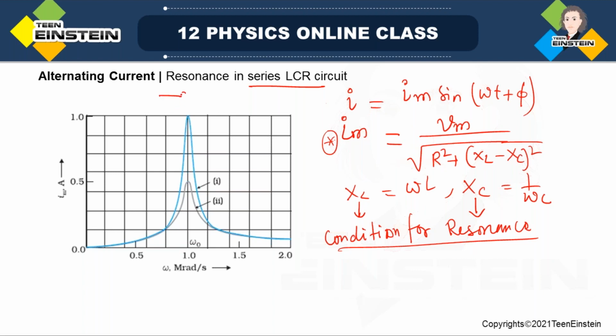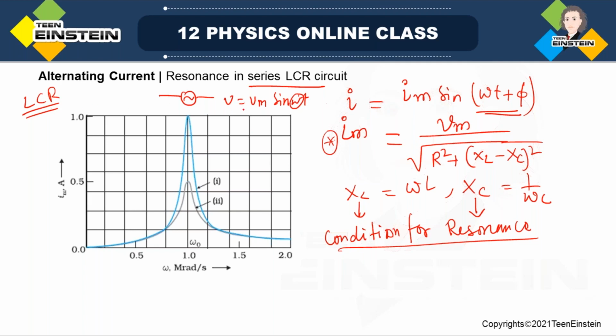See, we have a power supply which is giving V is equal to Vm sin omega t, this signal. So this signal has frequency omega, and the LCR circuit also has a certain natural frequency of oscillation.